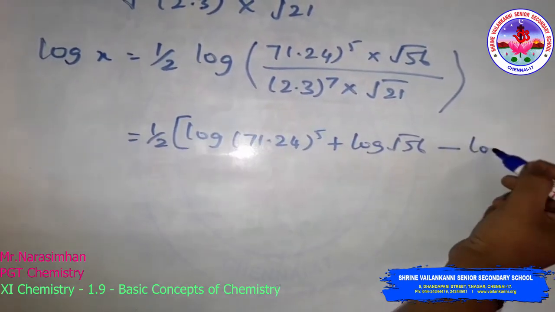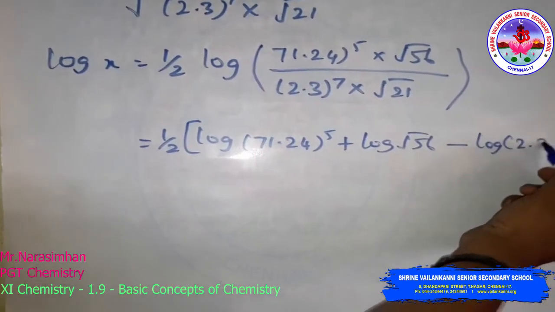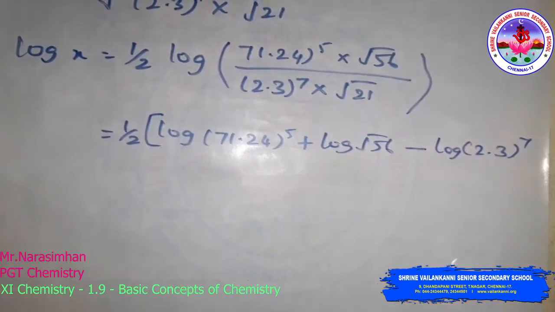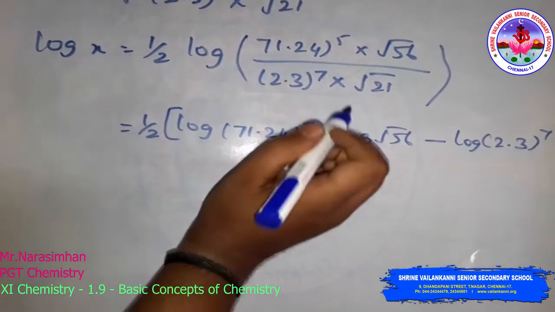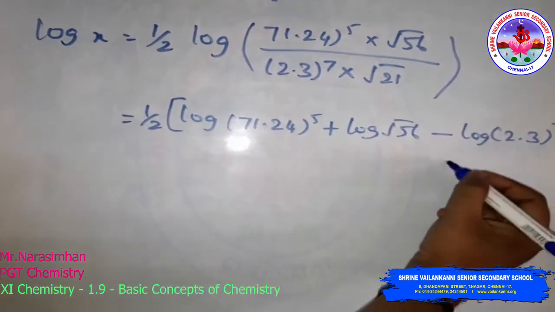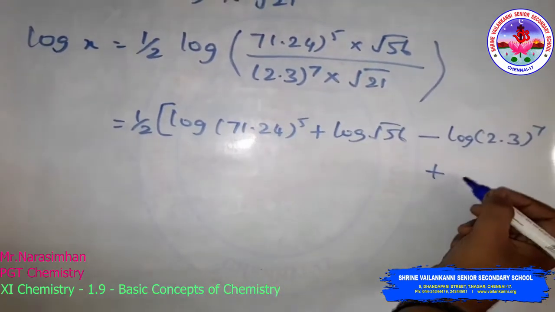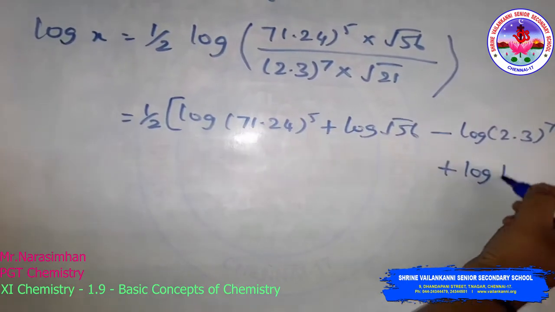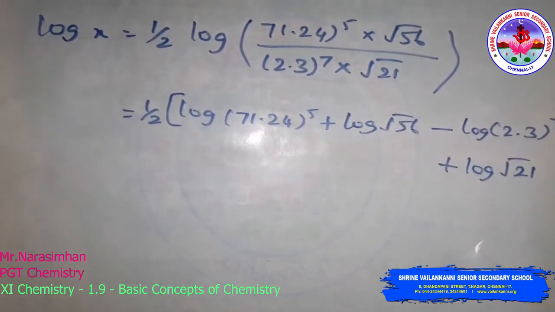Then log of 2.3 power 7, and plus log of root 21.